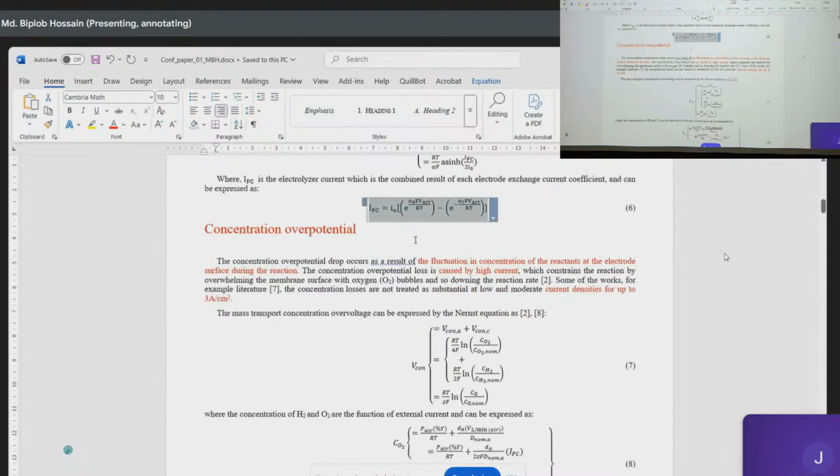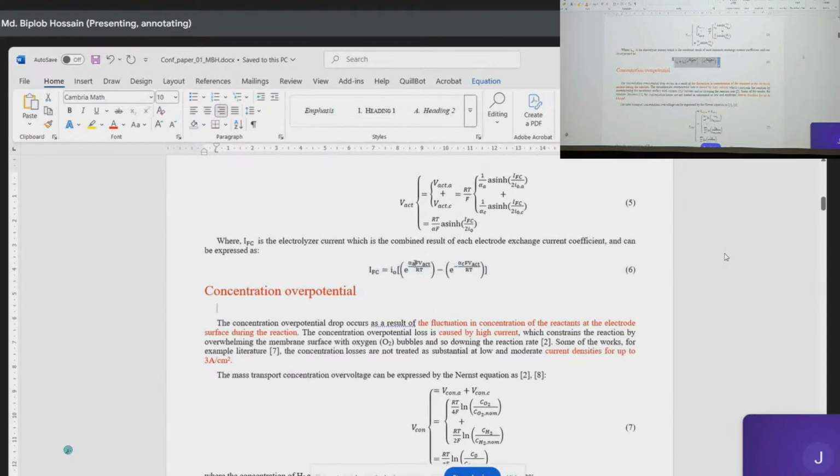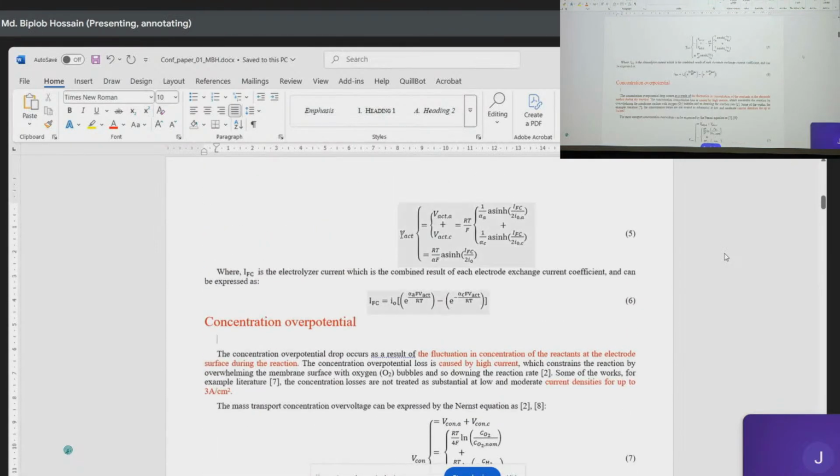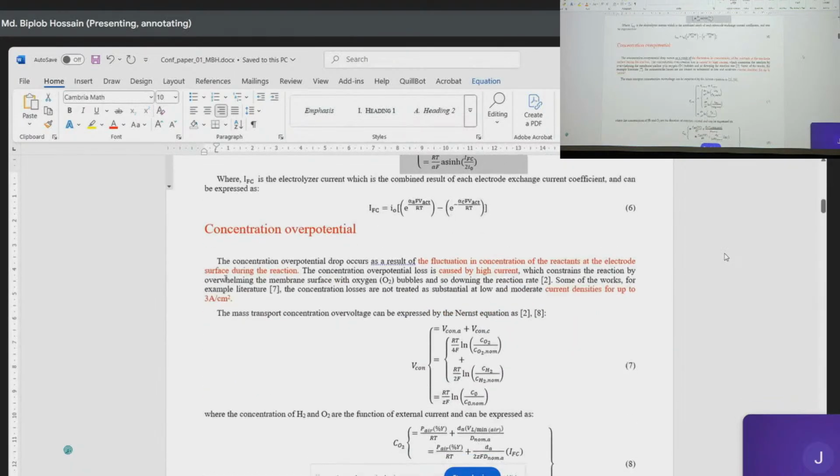Here we can see two new parameters, alpha A and alpha C. These are the standard current coefficients for the anode and the cathode. So these equations we actually need for modeling, as we will see later.